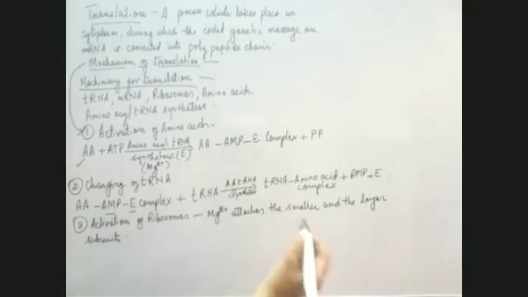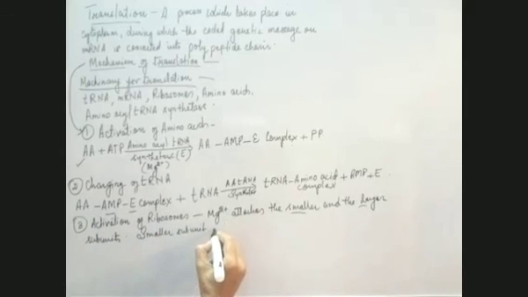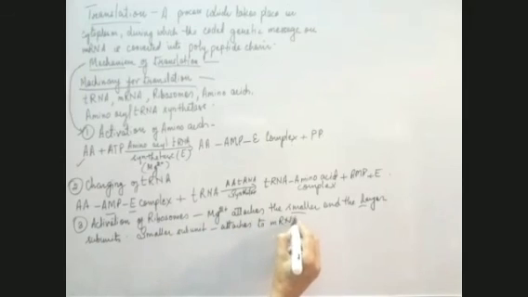Now, what is the function of the smaller and the larger subunit? The smaller subunit attaches to the messenger RNA. And what is the function of the larger subunit?